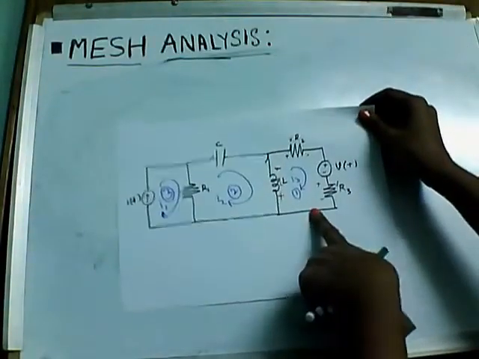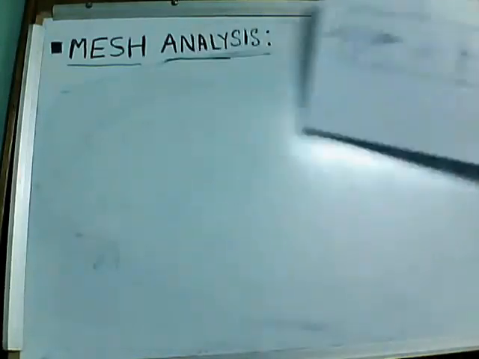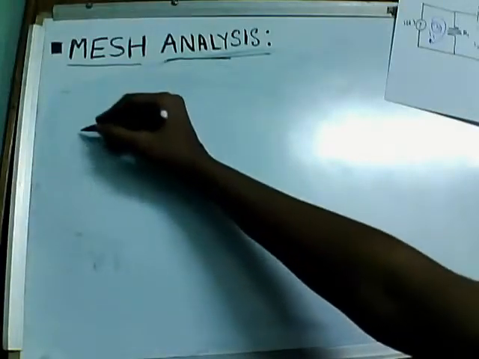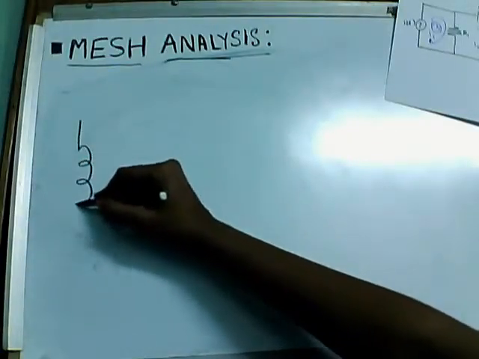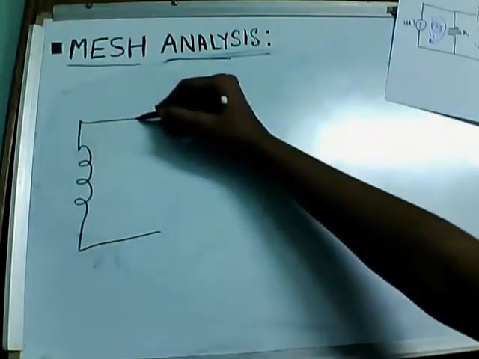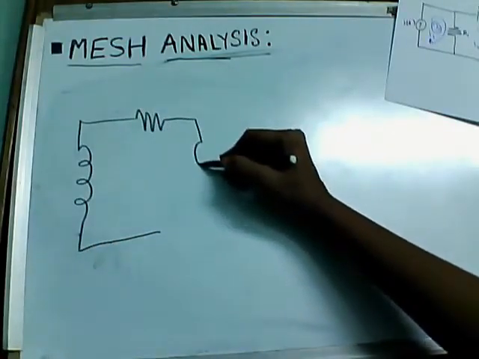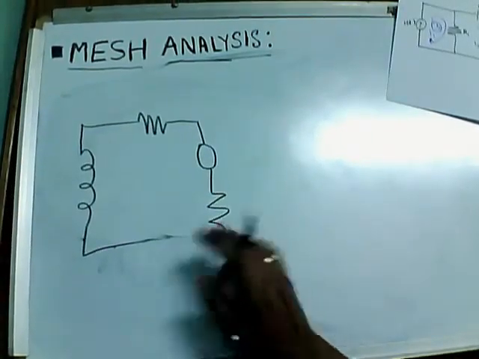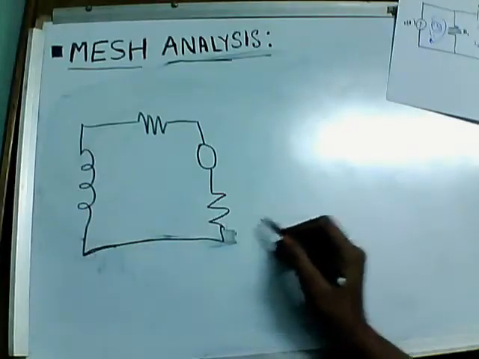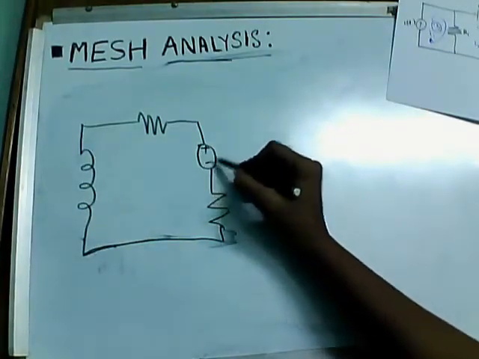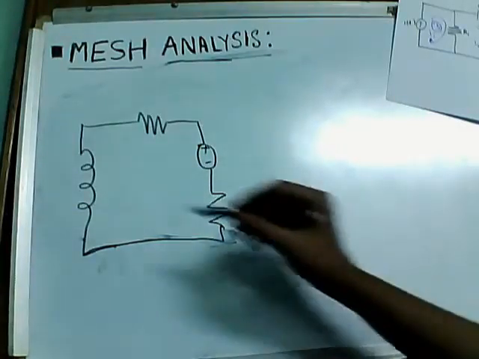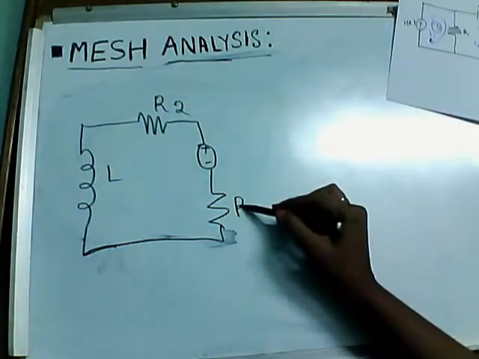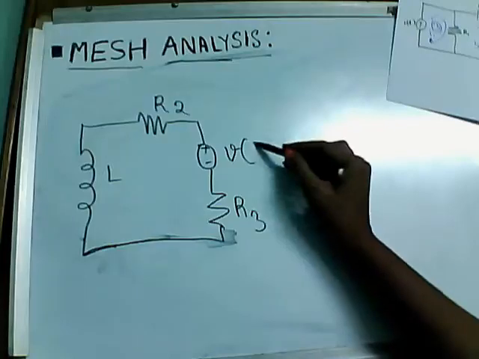Let us consider this equation first. We have inductor, resistor, voltage source, a resistor again: L, R2, R3, V of t.